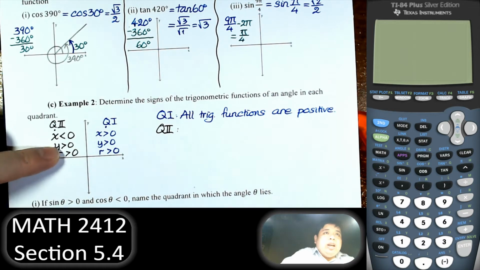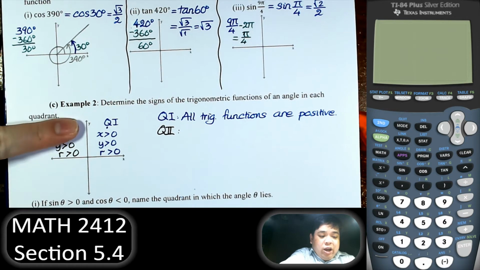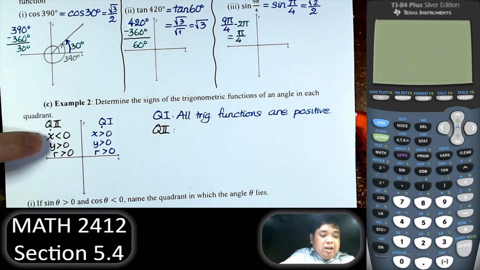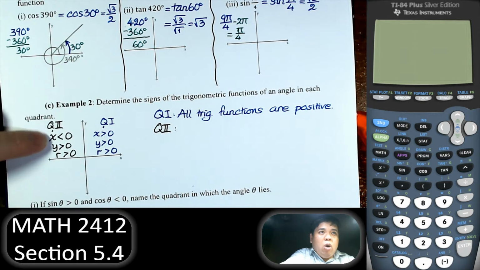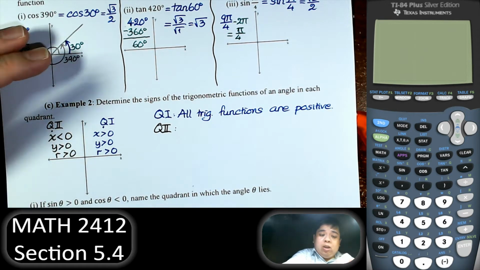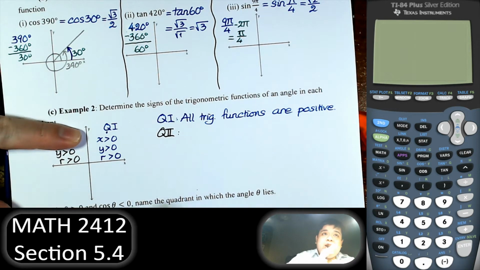Now, if we take two of those x, y, and r divided by each other, positive divided by positive will be positive. If there's an x and either y or r, so x over y, y over x, r over x, or x over r, those will be negative. So in the second quadrant, only the ratios that have y and r in them will be positive.